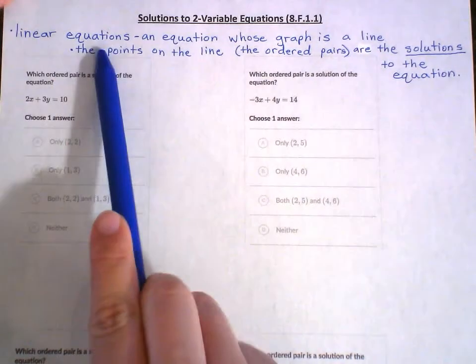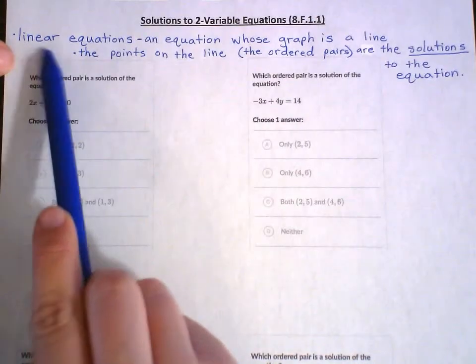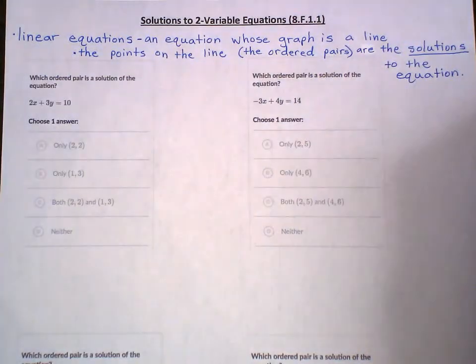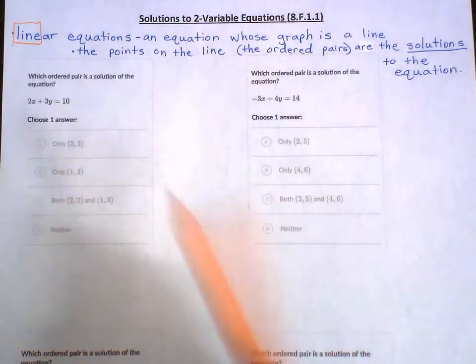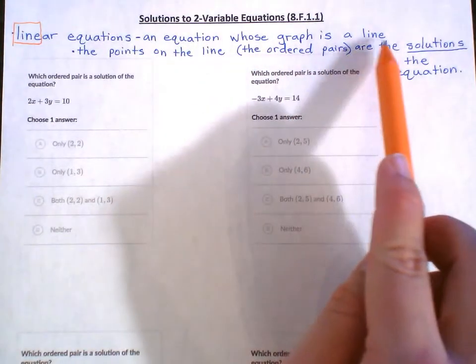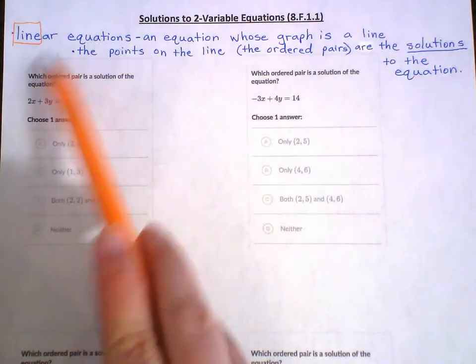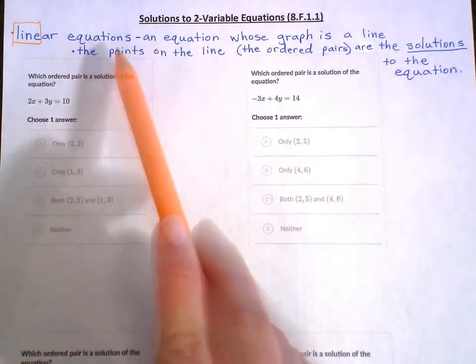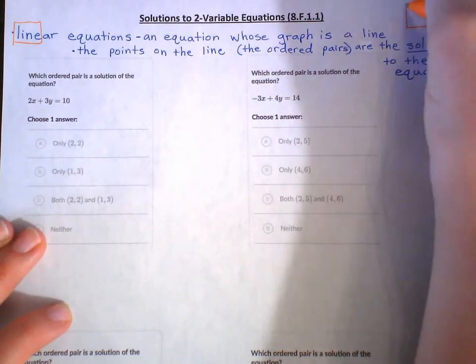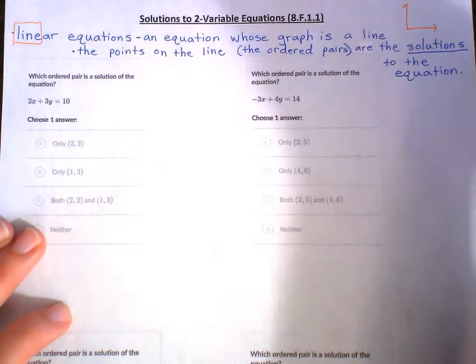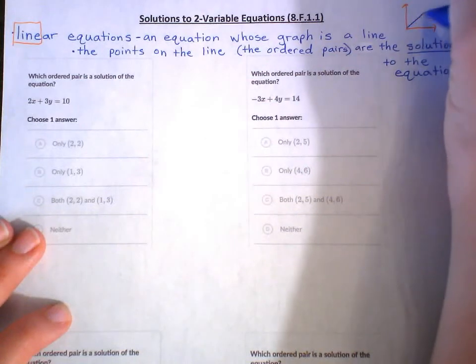So linear equations. The word linear literally has line in it. A linear equation is an equation whose graph is a line. So when you graph a linear equation, there's your x and y axis, and the graph is going to be a straight line.